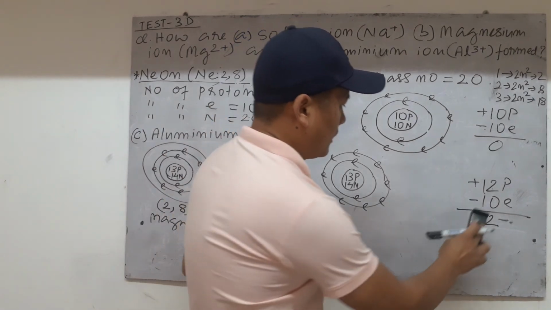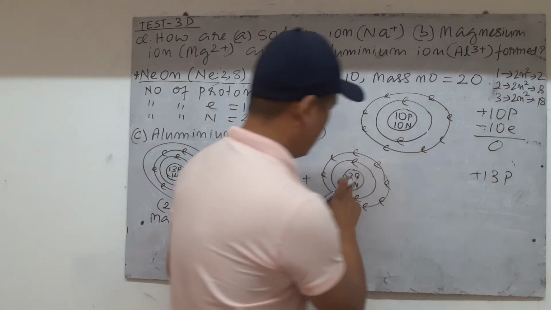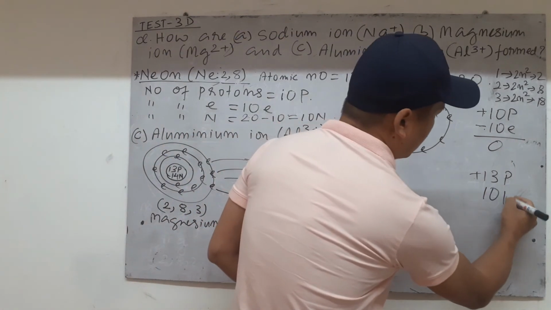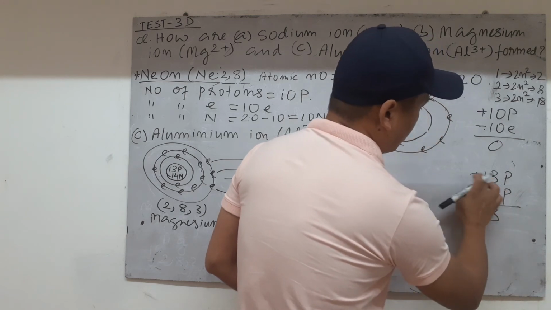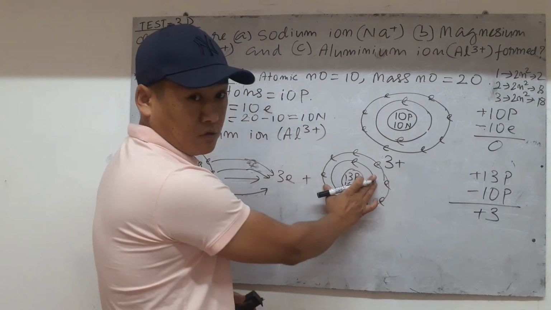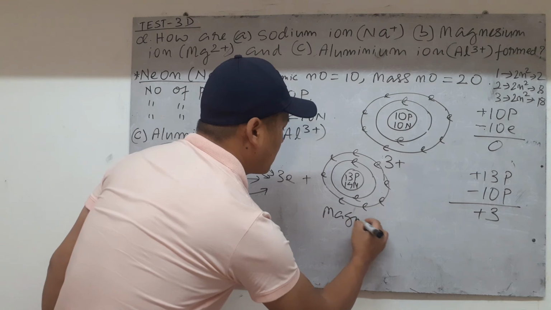In such a case, it has now 13 protons positive, as you can see, but 2 and 8 electrons, so only 10 left. On subtraction, 13 minus 10 is 3, and the bigger sign is plus, so a 3 positive charge will appear on this structure, which is no longer an atom.